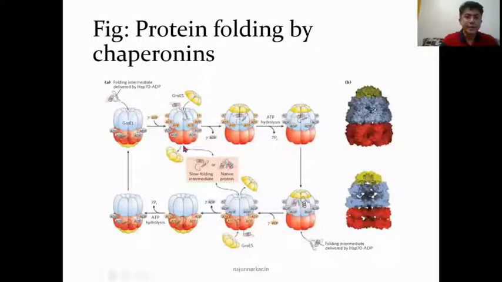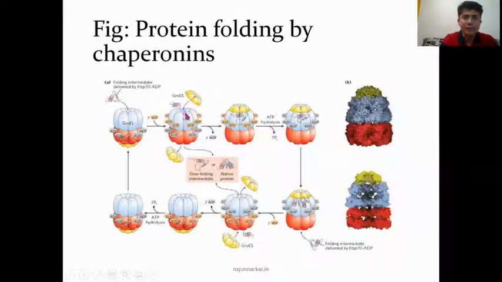So here the partially folded protein is delivered by the HSP70-ADP complex to the GroEL protein, which is a barrel-shaped structure, and two units are shown to be associated with each other, and the GroES then combines with the GroEL, which is also called HSP60, and GroES is called HSP10.